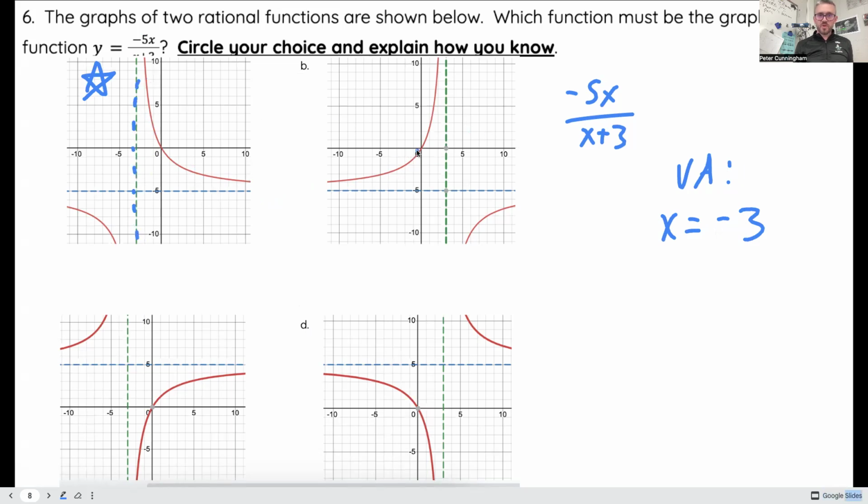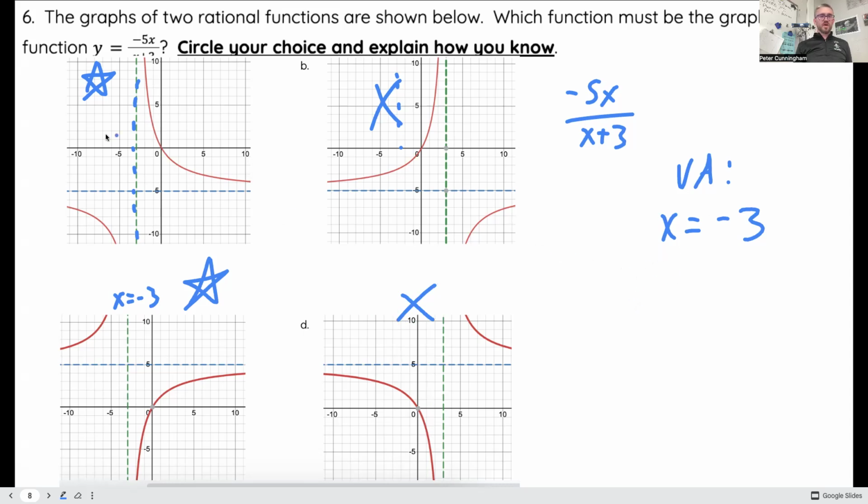We have a vertical asymptote 1, 2, not here. This one is at +3, so B's out. Also -3 here, right? 1, 2, 3. So this one is a possibility. And this is at +3, so this one's out.